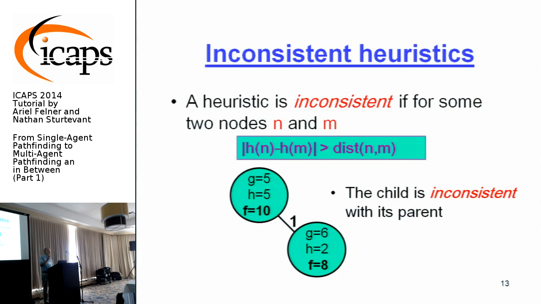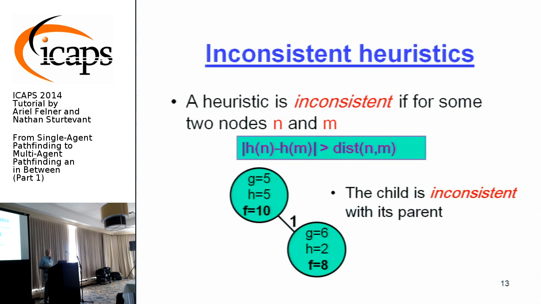Now, I would like to explain why this is inconsistent. Look at the parent here, okay? G equals 5, H equals 5, F equals 10. What does it mean F equals 10? This node says the path from the start to the goal through my node is at least 10. Now, this tradition must go to his children because any path through me goes through one of my children.